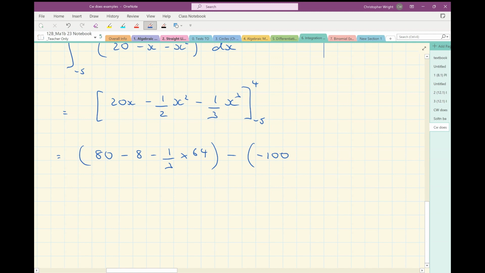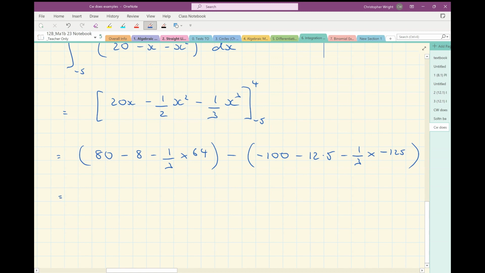Minus 5 squared is 25, so minus a half of 25. And now I'm going to have minus a third multiplied by minus 5 cubed, which is minus 125. So that's what I am evaluating there.